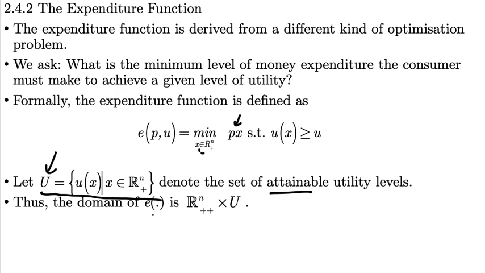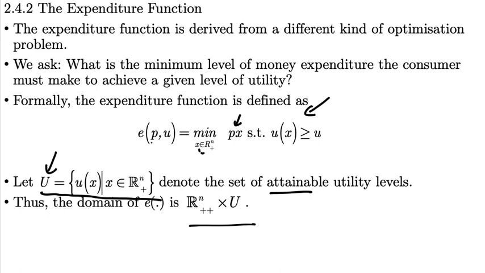Therefore, the domain of your expenditure function is given by this, in which prices are strictly positive real numbers, not including zero, in the n dimension of goods, together with the utility level which is attainable. Now, when we talk about the expenditure function, we want to minimize total expenditure subject to utility.